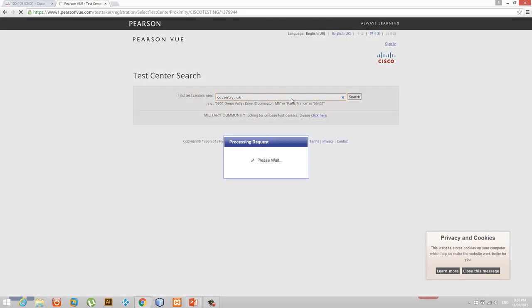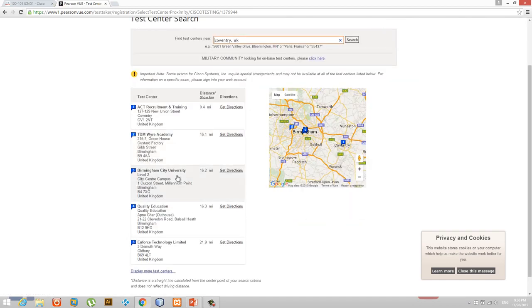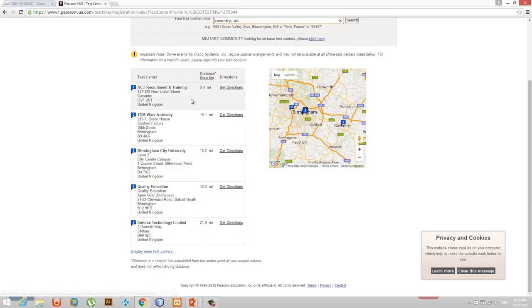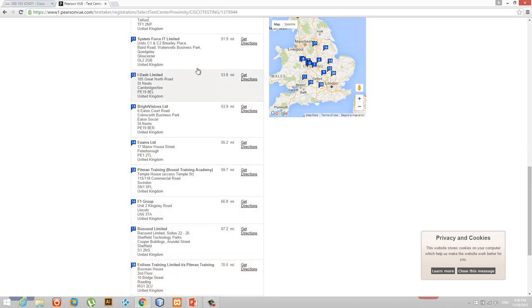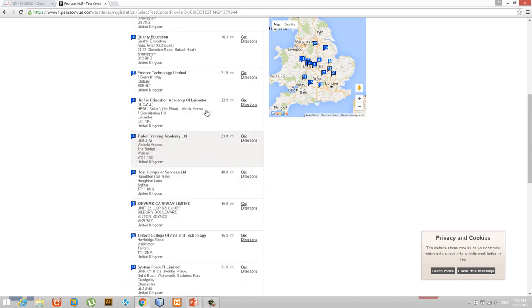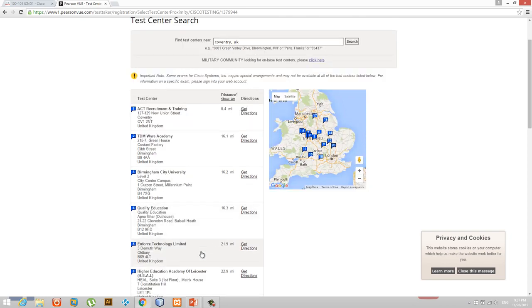Let's see what's there in Coventry. Coventry is relatively a small town in the UK, and even so, you have so many test centers. You can keep clicking display more, and you can see there are so many test centers. The closest is 0.4 miles, in Coventry, and then there's Birmingham at 16 miles, with a couple more centers in Birmingham.